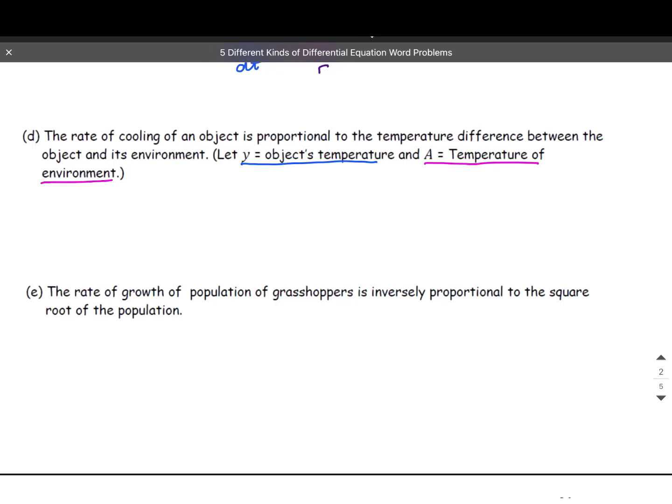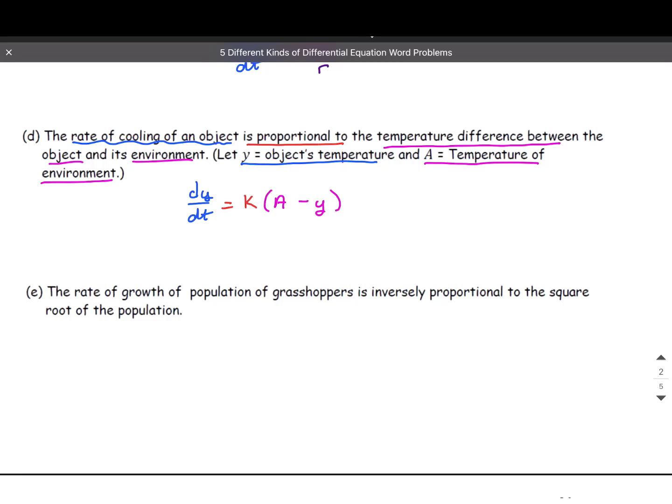So the rate of cooling of an object, that's dy/dt, is proportional to, equals k, the temperature difference between the object and its environment. So we have a difference between the object and the environment. And there we go, dy/dt equals k times the quantity a minus y. Awesome.